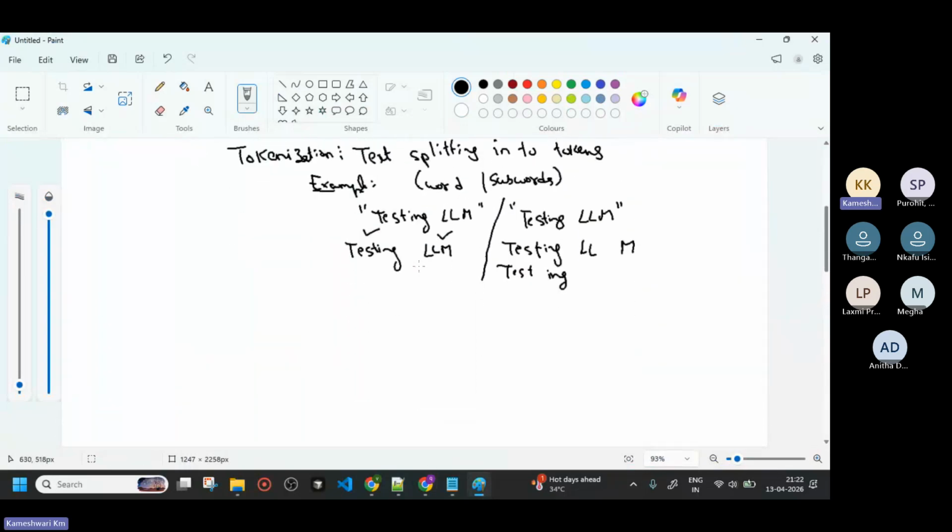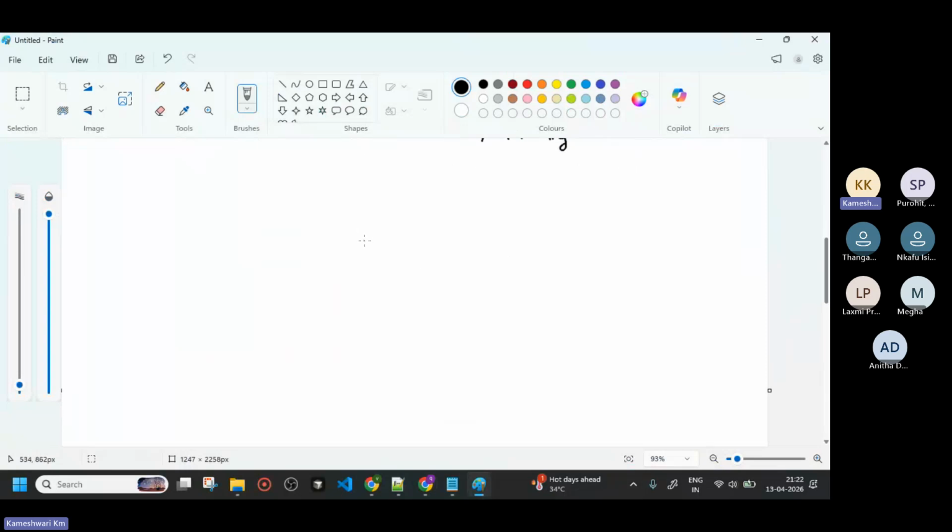After tokenization, the important one, wherever you listen about RAG or LLMs, is embeddings, which are also called vectors. Here, embeddings means converting words into vectors.